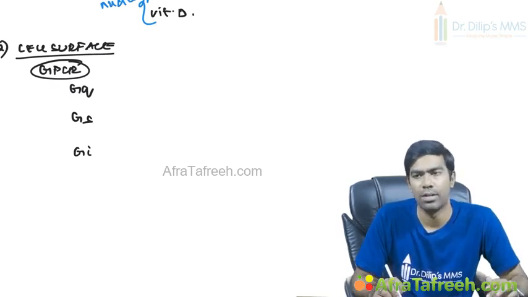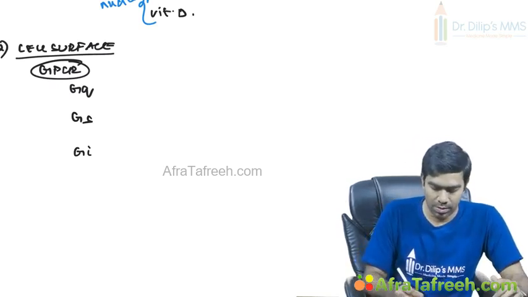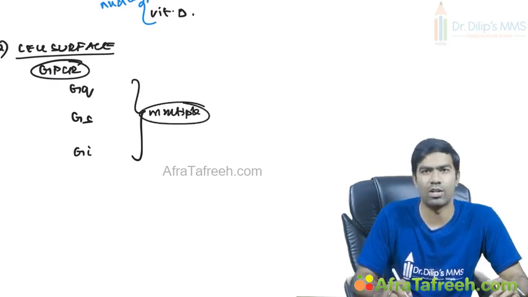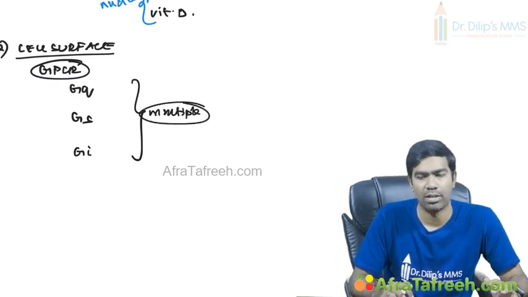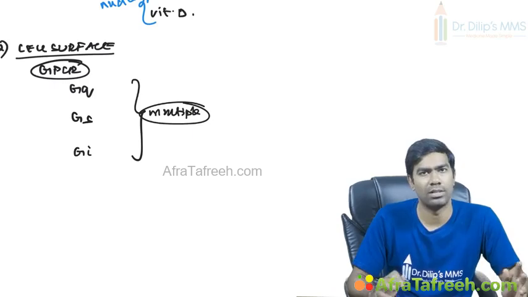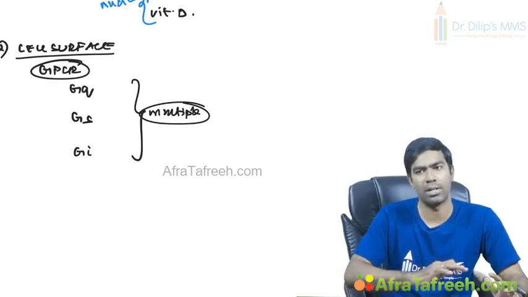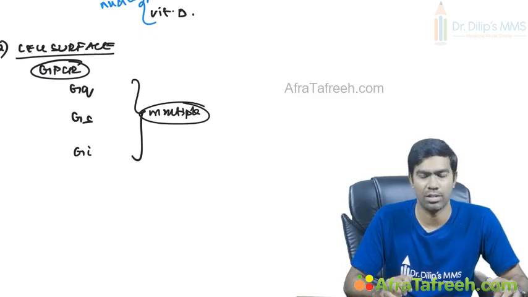That's why I changed it. I told you the ligands already, so I will just put multiple ligands. But most importantly, catecholamines, dopamine, vasopressin, histamine. A lot of these receptors are GQ type. Even oxytocin, these are G protein coupled receptors.